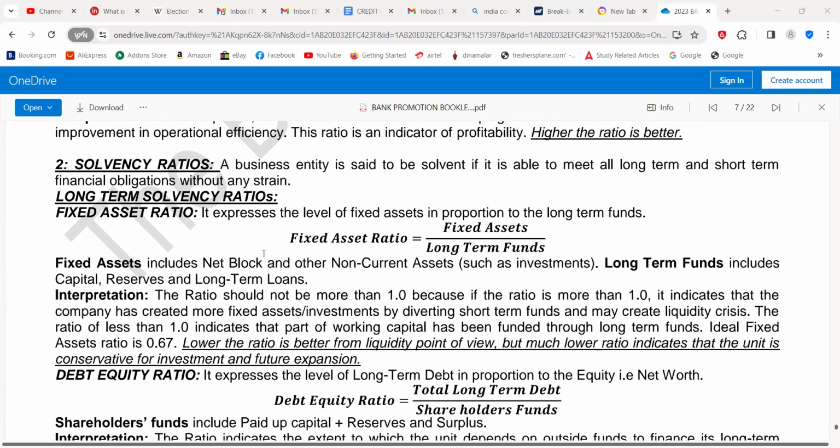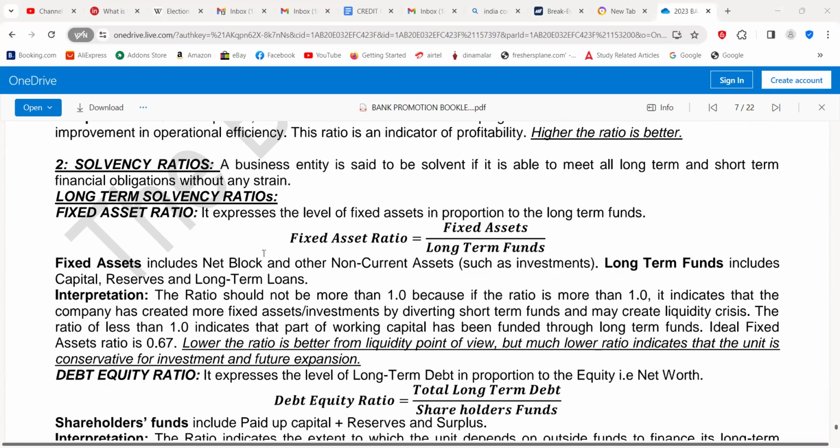It indicates that the company has created more fixed assets by diverting short-term funds, and this will create a liquidity crisis. Whatever immediate payments are to be made, the company will not be able to meet its liabilities because you have already taken from short-term funds.